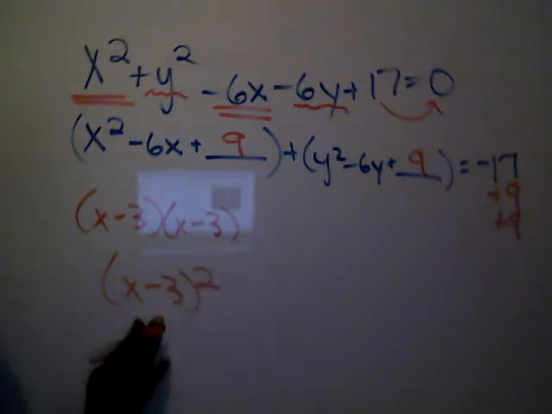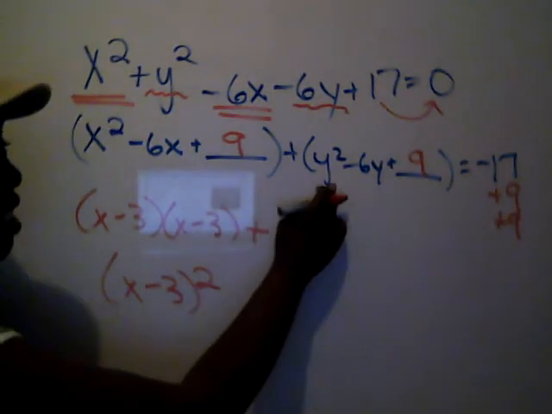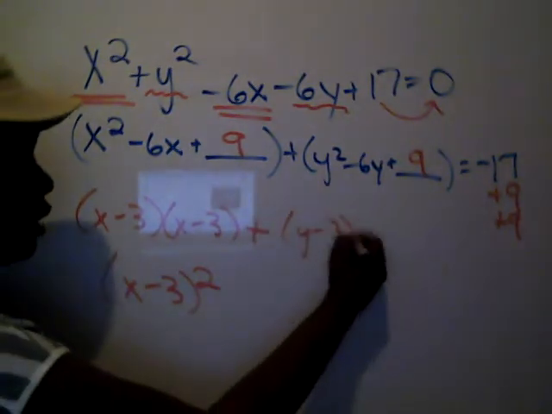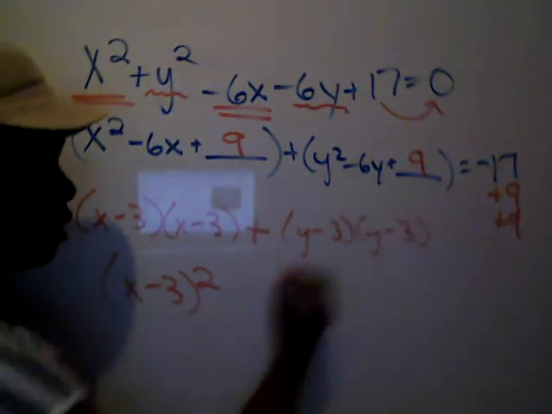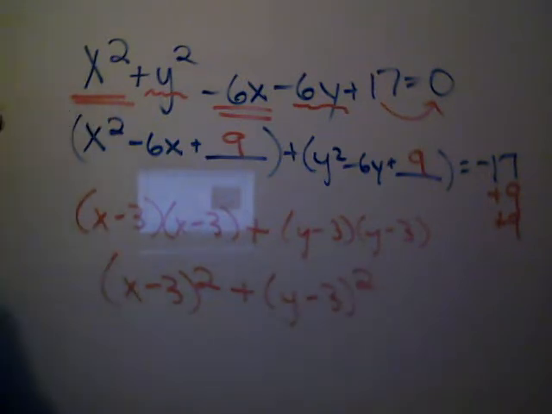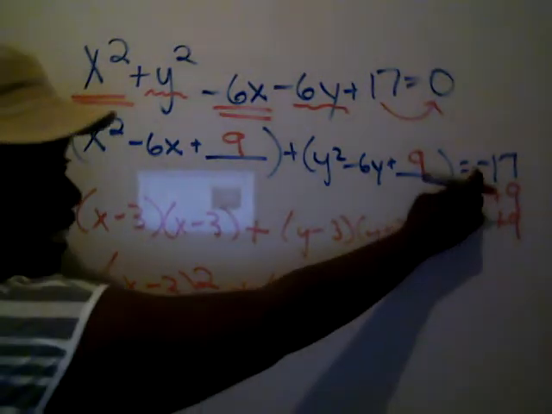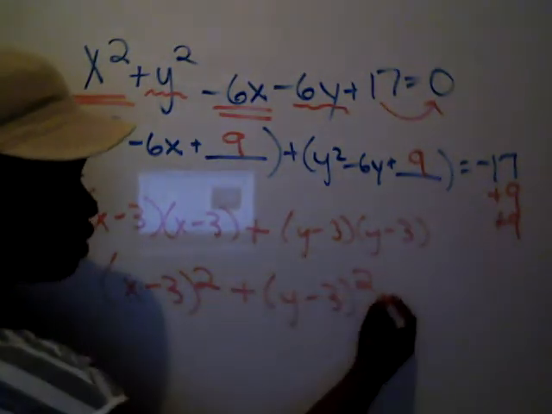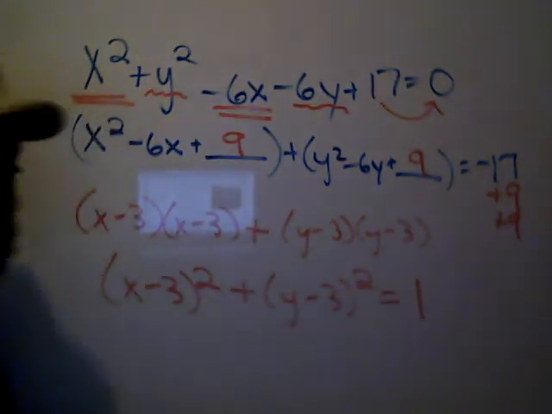This is the preferred way that we like to write it so we can get it into standard form. Plus, same idea here, this would be y minus 3, or we could write it as y minus 3 squared. And then over here, negative 17 plus 18 gives us a positive 1. So all of this is equal to 1.